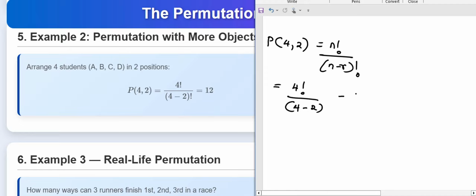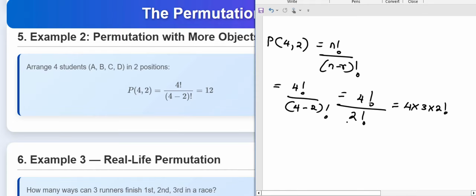Then it becomes 4 factorial divided by (4 minus 2) factorial, where 4 minus 2 is 2, so 2 factorial. This means I can take 4 by 3, but then I will say by 2 factorial, instead of going all the way 2 by 1.